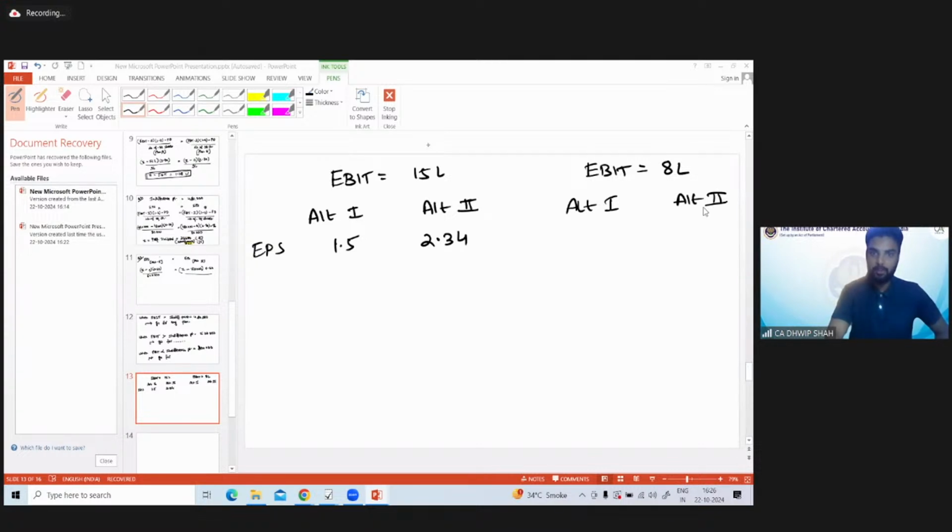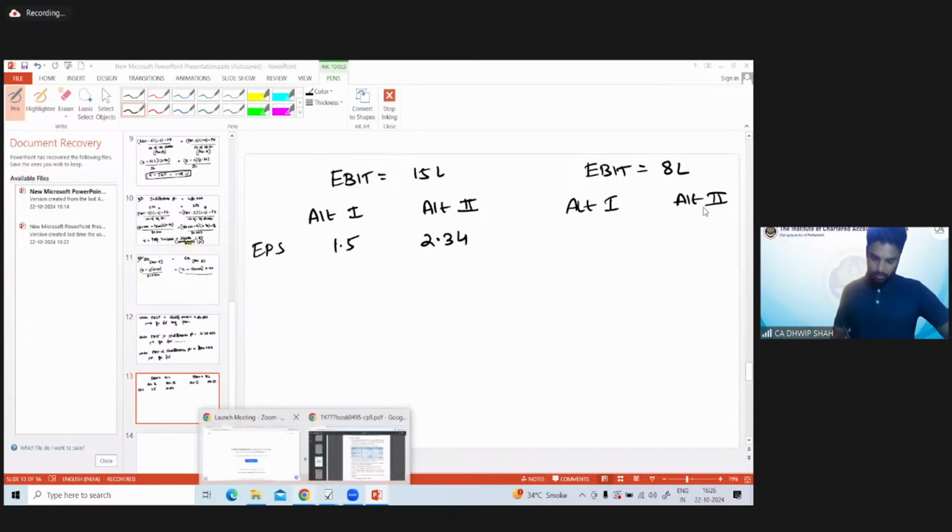Second scenario is when EBIT is at 8 lakh. When EBIT is 8 lakh, my EPS under alternative one is how much? Everyone's answers are coming different.